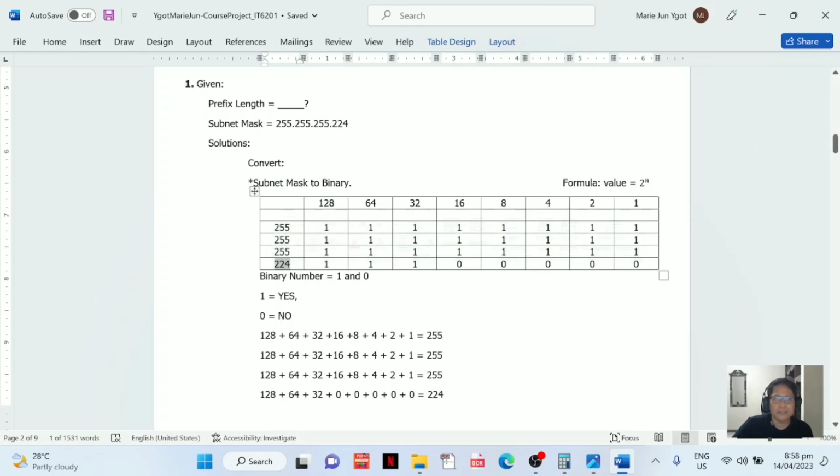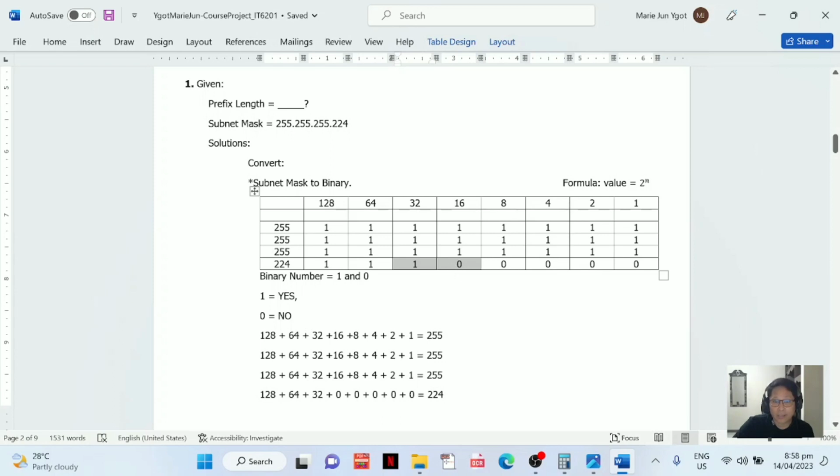Yes. Can 32 still be added to get 224? Yes. Can 16 be added? No, because 128 plus 64 plus 32 is already 224.